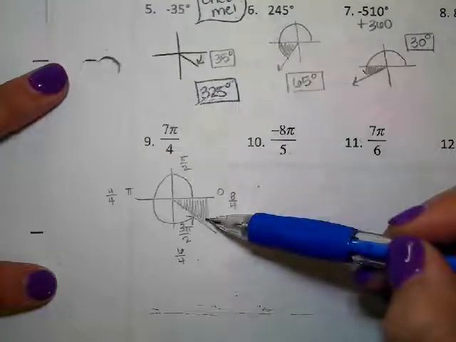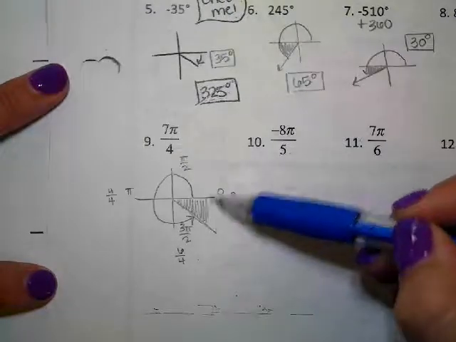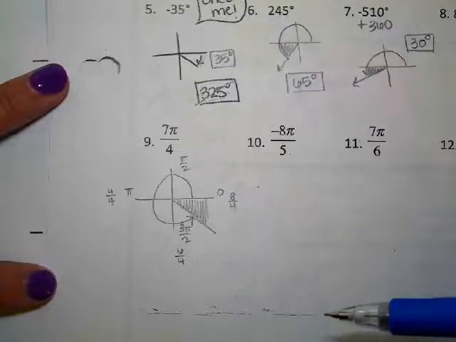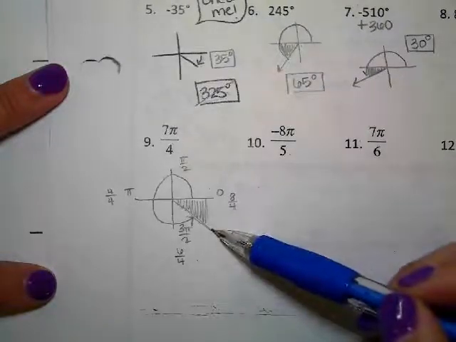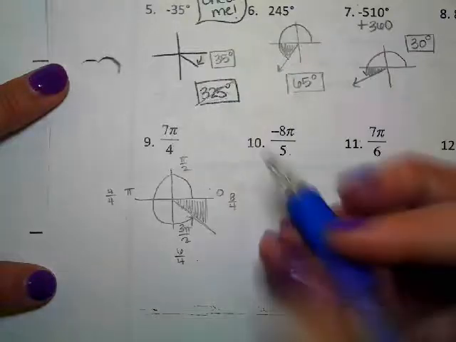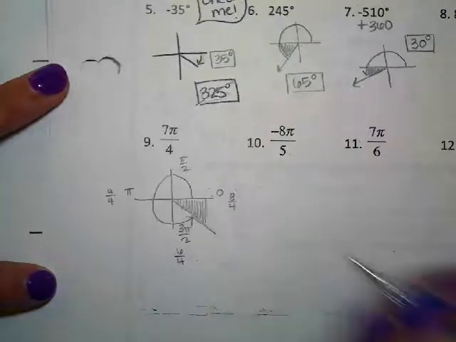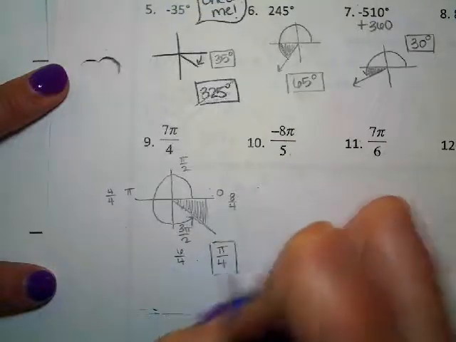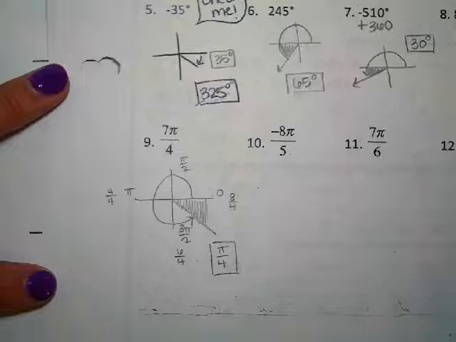That's how many radians are from the angle to the x-axis. So how many fourths is that? 1. It's just 1. It's from 7/4 to 8/4. So we're going to say 1/4 pi. We're going to say pi-fourths is the reference angle because it was 1/4 away from the x-axis.